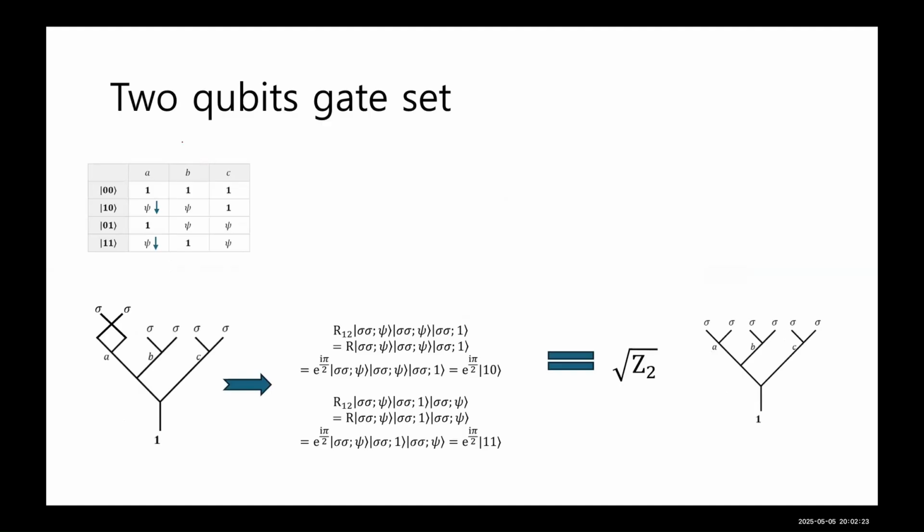If we make a braiding that corresponds to A or C, you might notice that A corresponds to the second qubit, and C corresponds to the first qubit. If C's result is psi, the first qubit is going to be one and so on. So that means if we make a braiding in A or C, they're going to be the root Z or S gate.